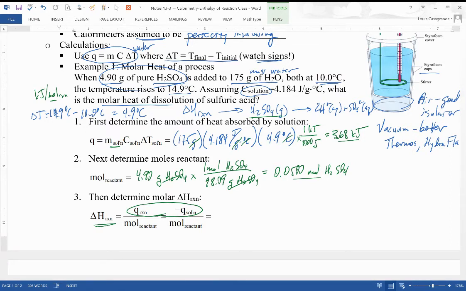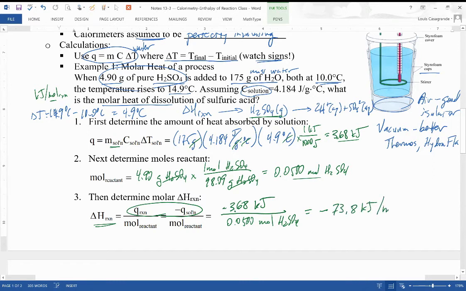And so we can just take that number and put the negative 3.68 kilojoules, and we're going to divide that by 0.0500 moles of the reactant, moles of H2SO4, and that's going to turn into negative 73.8 kilojoules per mole of the reaction.